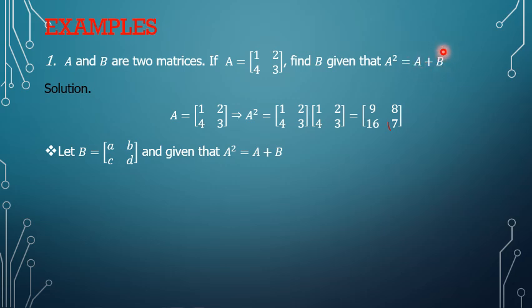So we use matrices of the same order in adding. So we have A squared as [9, 8; 16, 17], and we have to find B, which we have let to be [a, b; c, d].